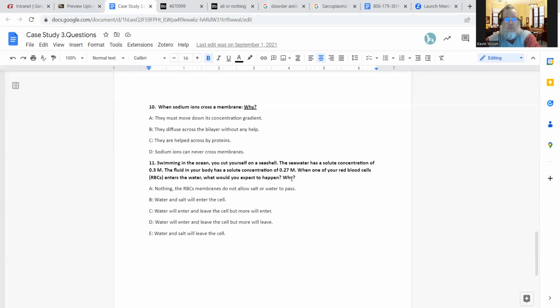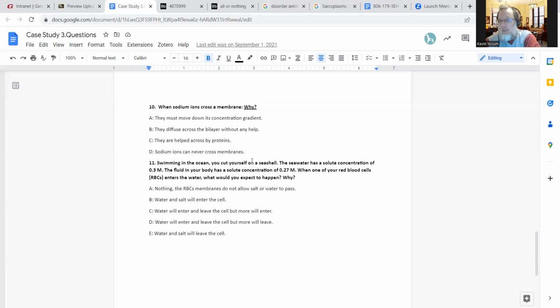So we've got 0.27 molarity in the body, and then we've got 0.3. So this has to do with concentration. This just means there's more salt. You're in the ocean, so there's more sodium in the ocean than inside of your body. So now what we've done is left the body.